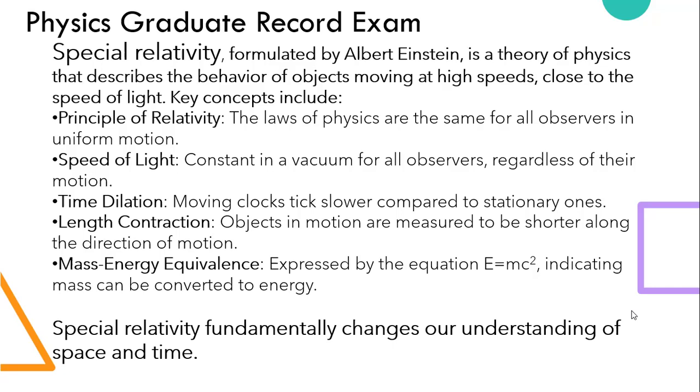And then the mass energy equivalent. Many of you have probably seen the equation E equals mc squared. What it says is that the energy contained in an atom is equal to its mass times the speed of light squared. The speed of light is about 3 times 10 to the 8th meters per second, and we use c to indicate the speed of light.